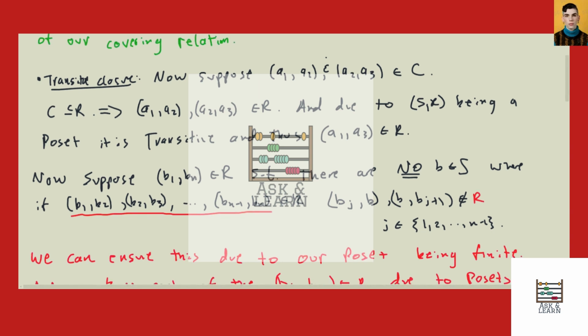And then here we just took two arbitrary elements in C, and since we know that our ordered pair set should be a subset of the ordered pairs on our regular relation, both of those should be in R, and since we had a poset, that means (A1, A3) had to also be in there due to it being transitive.